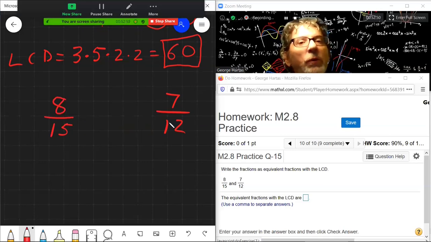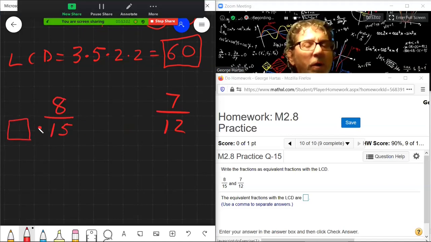So what do we have to do first? Here's what we got to do. Put a multiplication dot in front of the 15. And then ask yourself, this is the denominator, right? Ask yourself, what number times 15 is 60? We want to know what number times 15 is 60.